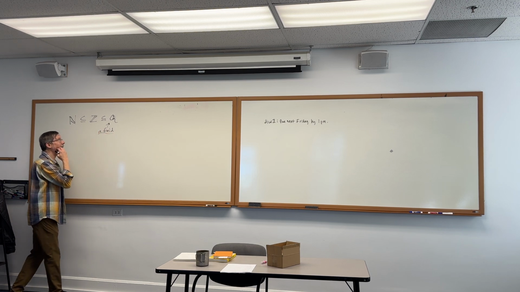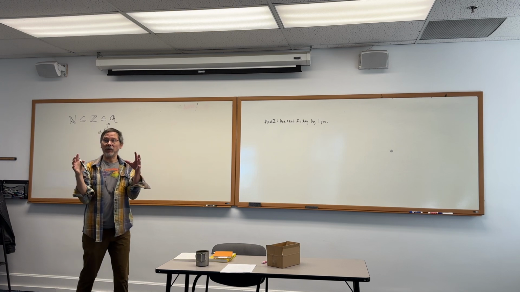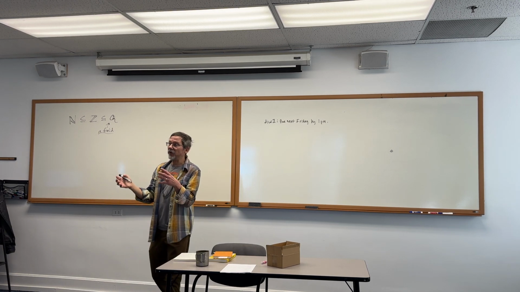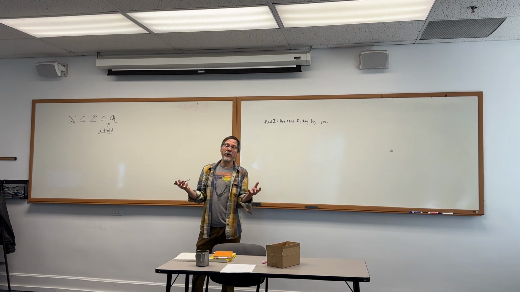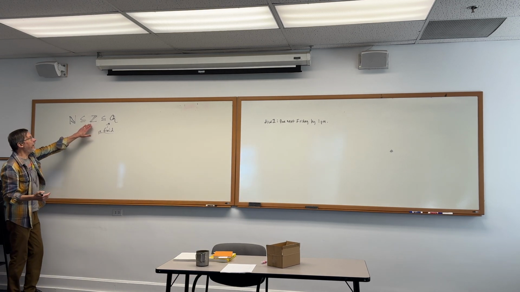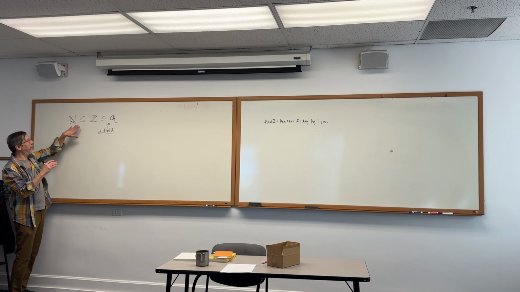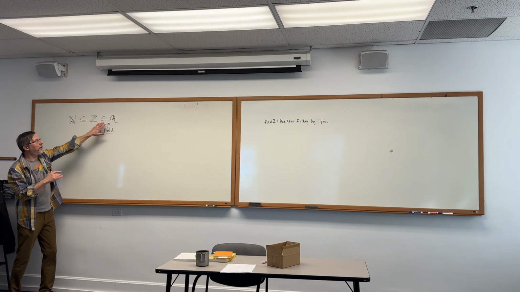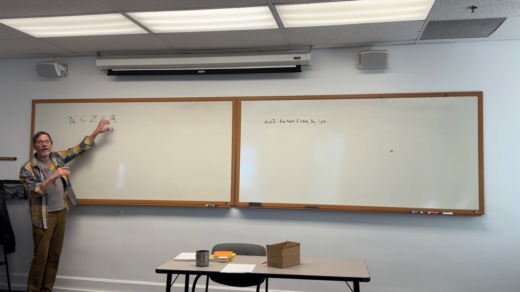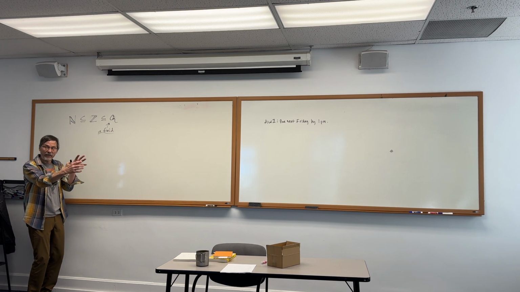And a field has all the great properties of number systems that you want. It allows you to take inverses. It does all the things you want to do with arithmetic. These are not fields simply because they have that additive closure, but this doesn't have additive inverses. But this you can plus and minus, but you can't divide. Here you can plus, minus, and divide, and everything lands back in that set itself.